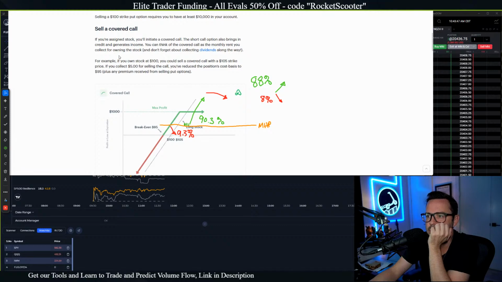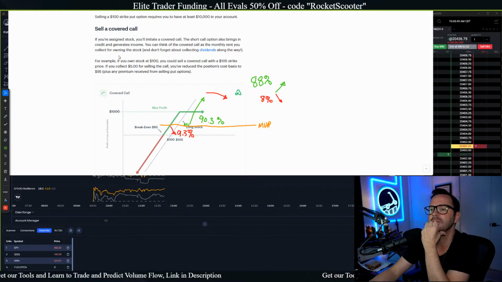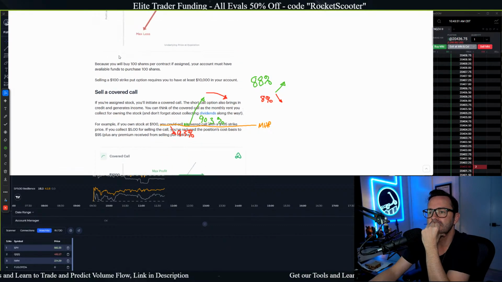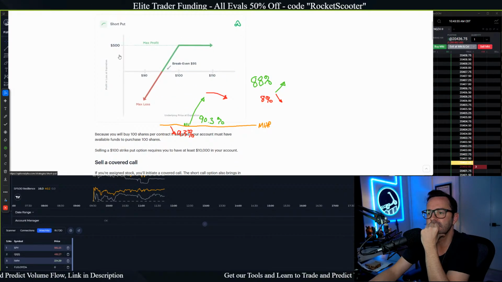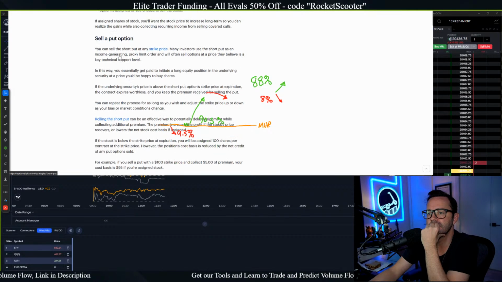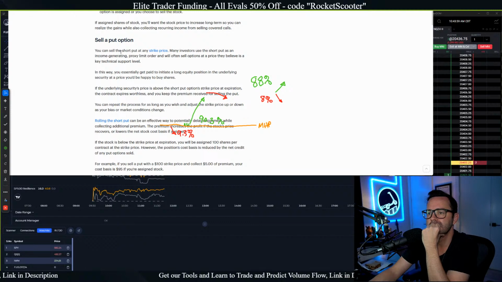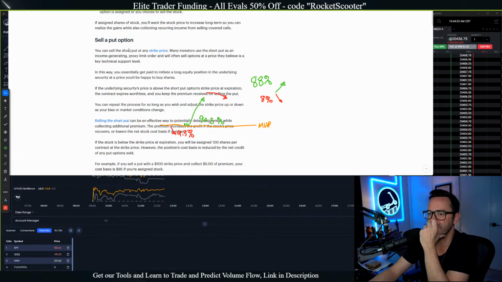Let's look at an example, like why people do this. Here's an example. Okay. You can sell the short put. I hate when people say sell the short. You can short a put at any strike price.